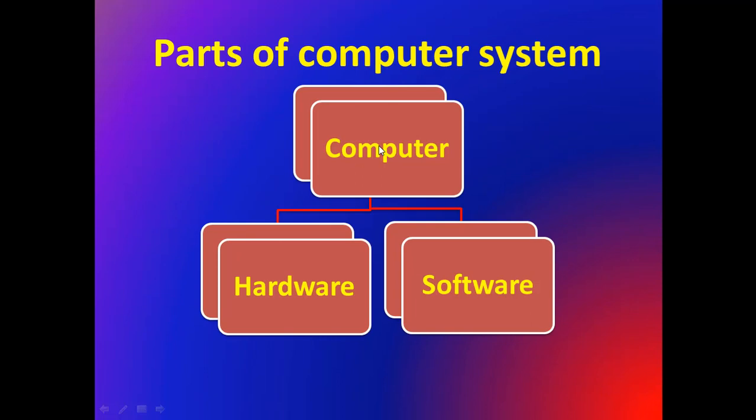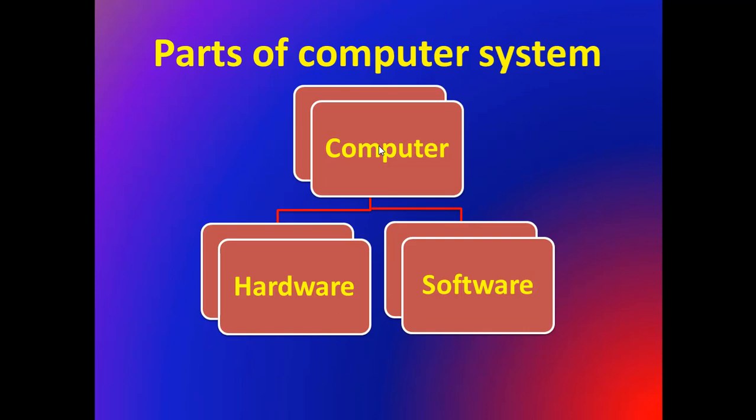Here are the parts of the computer. We have already discussed what a computer is. Now we are going to discuss the parts of your computer system. Your computer system is mainly divided into two parts, two categories: one is hardware, second is software.